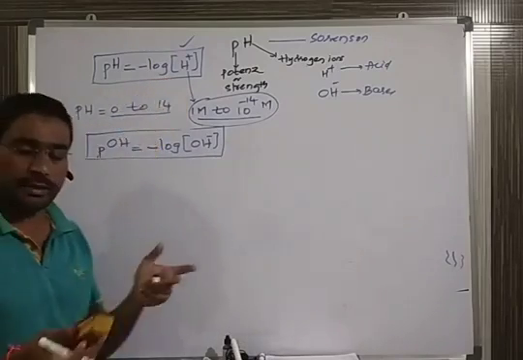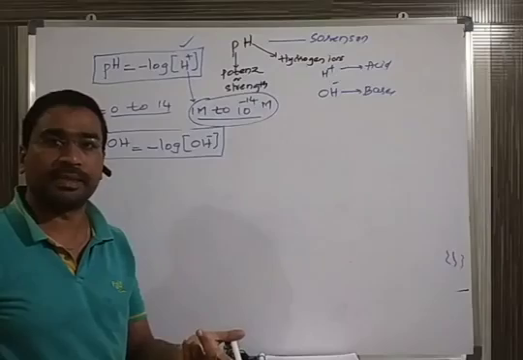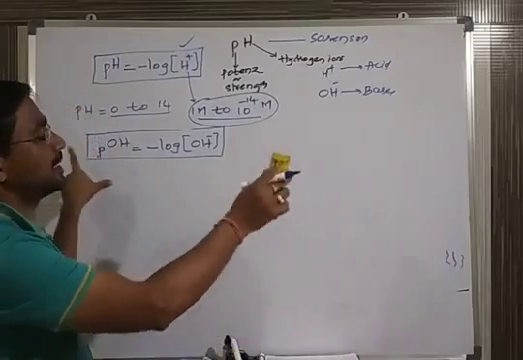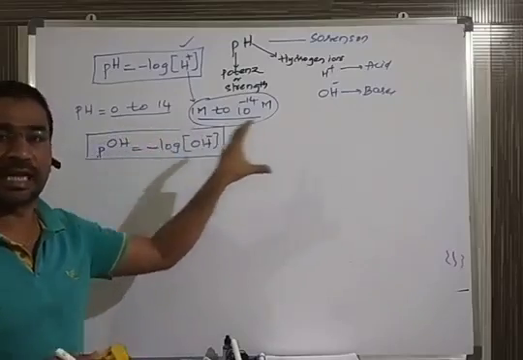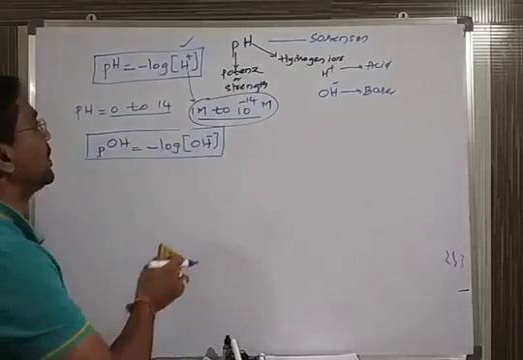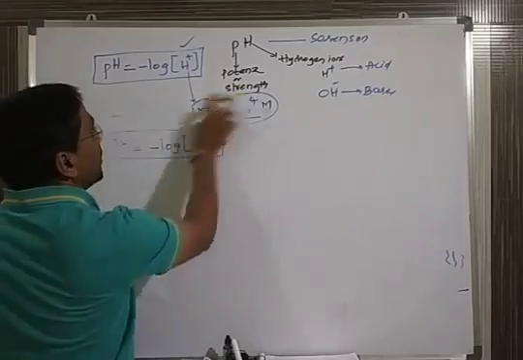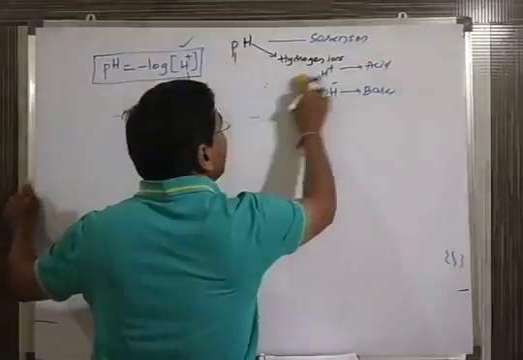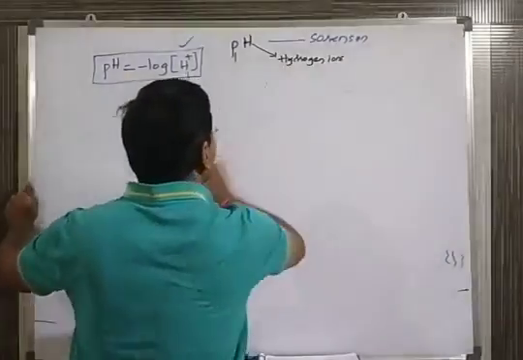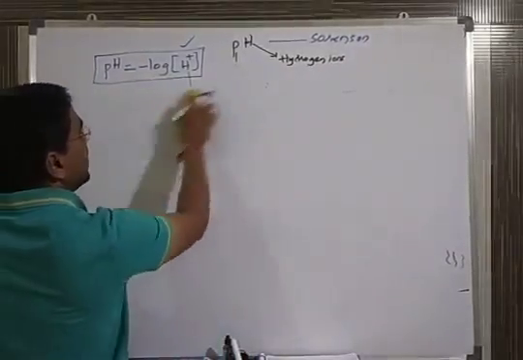After finding the pH values of all the substances, he kept the values of the different substances in a tabular way, and that is called the pH scale. We also discussed that in the last class.